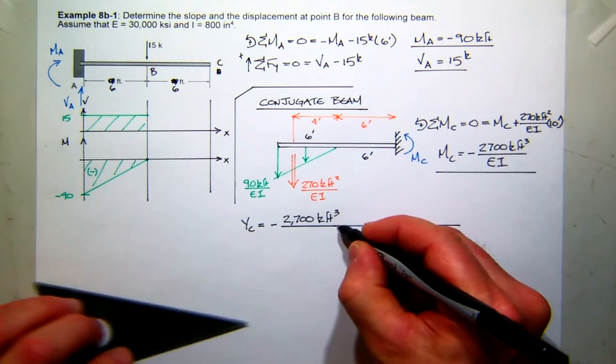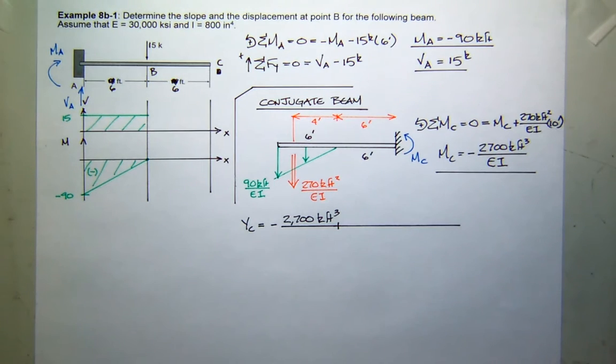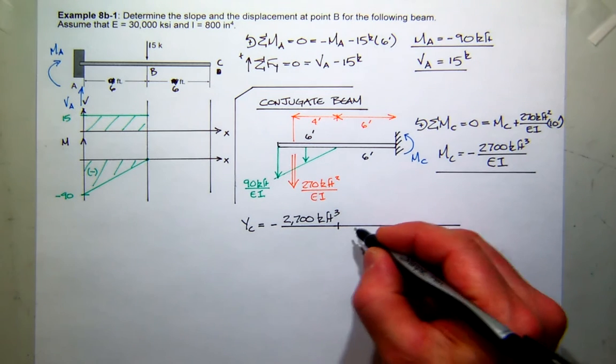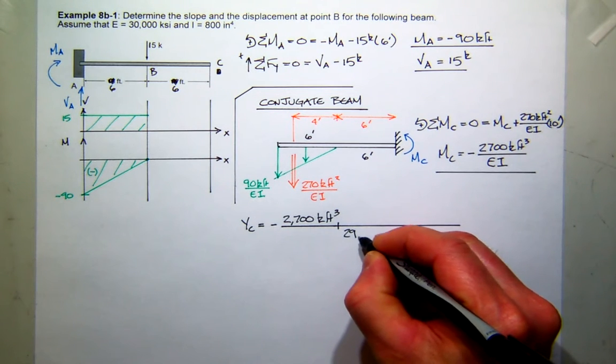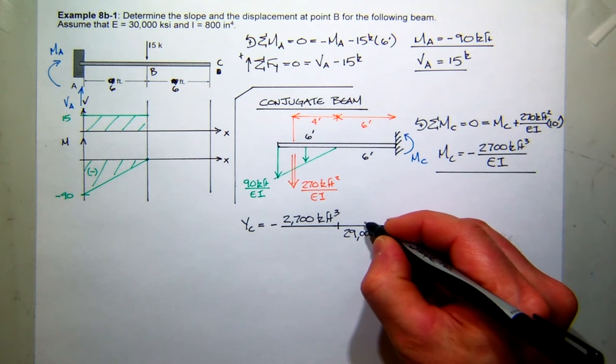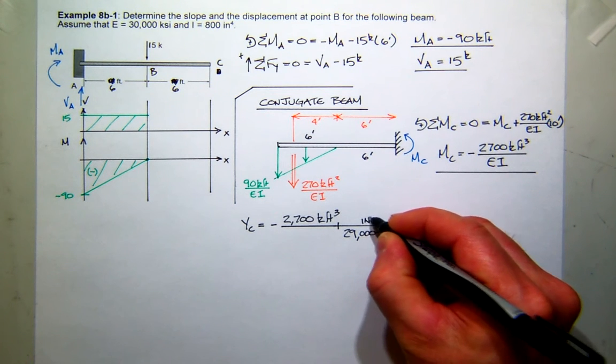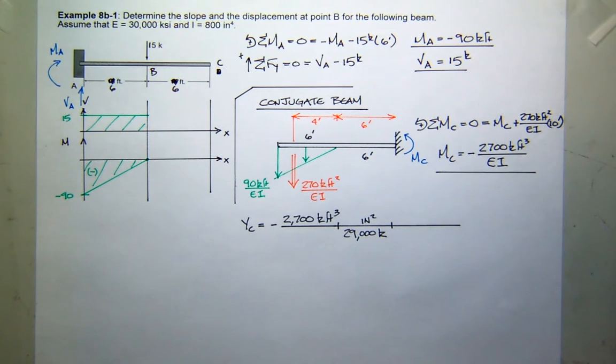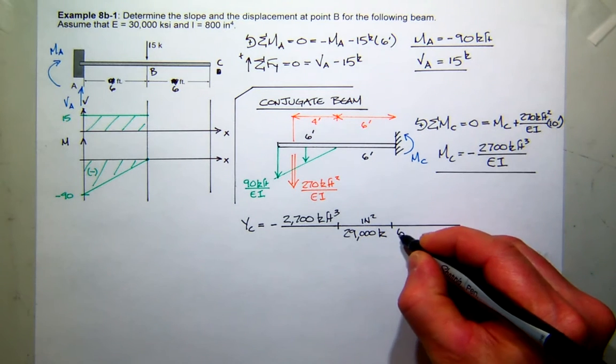So I'll make a little line here. Now the values that I was given was 29,000 KSI, and that's kips per square inch. And then I got a value for I of 660 inches to the fourth.